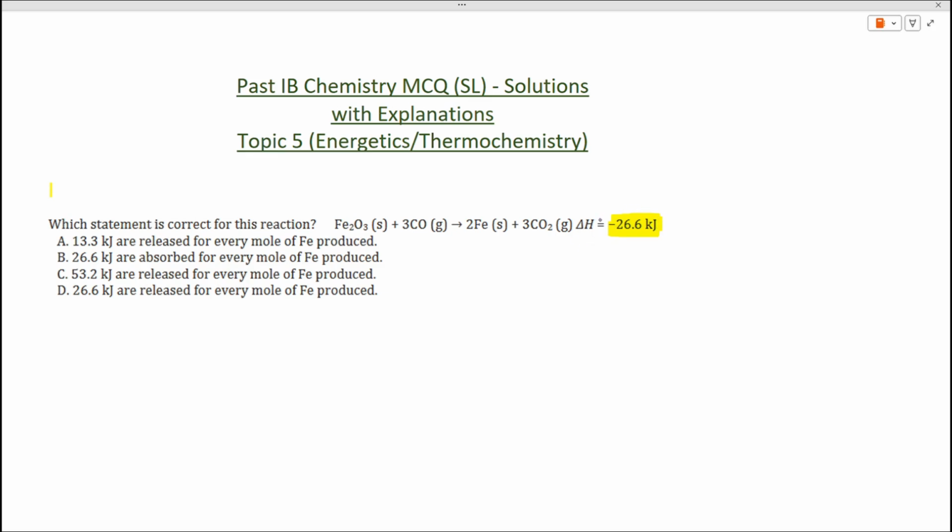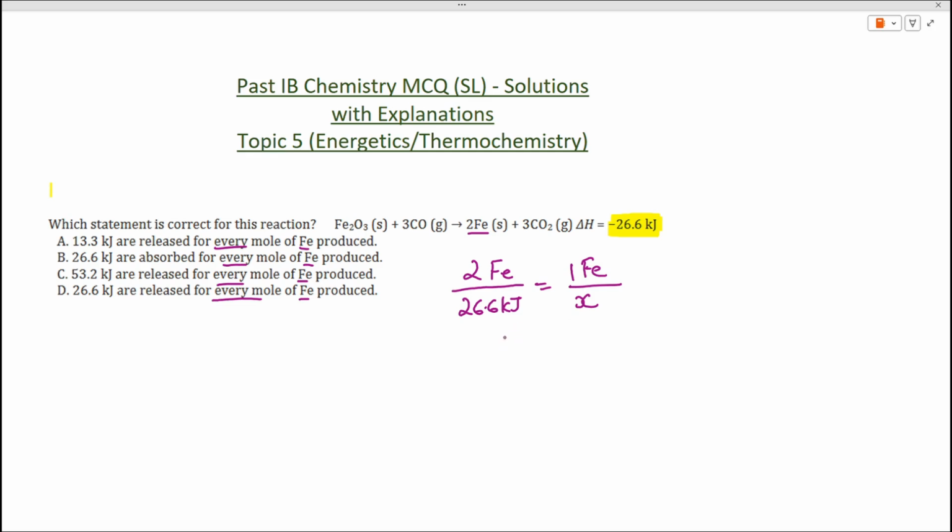And they are comparing the energy released in terms of Fe. So if we look at Fe, 2 moles of iron is producing 26.6 kilojoules of energy. So for every mole, which is 1 mole of iron, how much energy is produced?